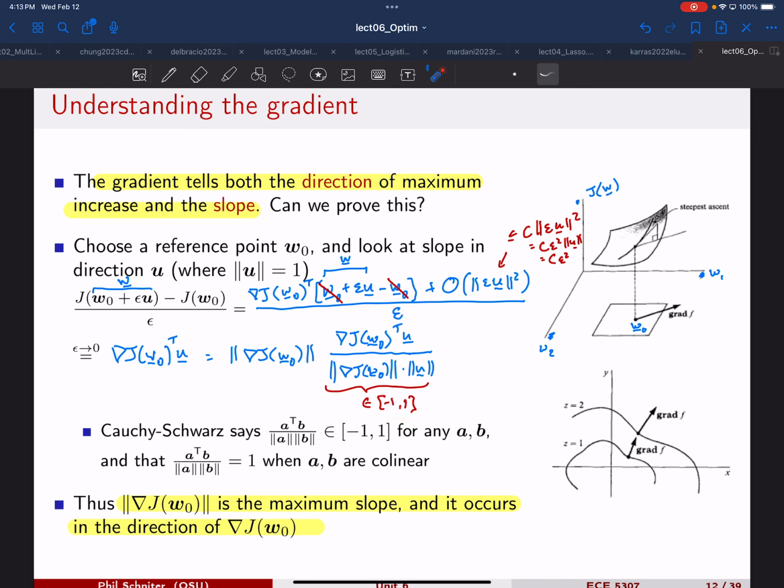When we look at the direction u that is in line with the gradient, we get the largest version of this, which is 1, which tells us that if we want to move in the steepest uphill direction, we should go in the gradient direction. And then this ends up being the slope itself, the norm of the gradient. So the gradient tells us both the maximum slope and the direction.